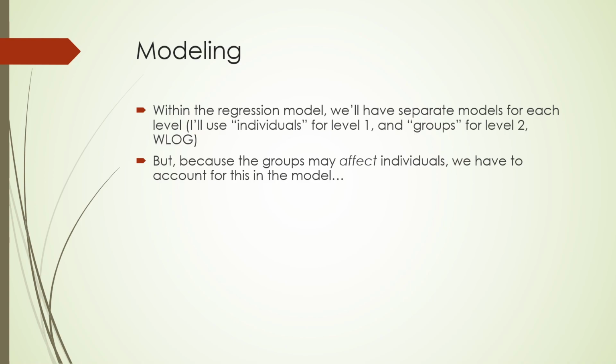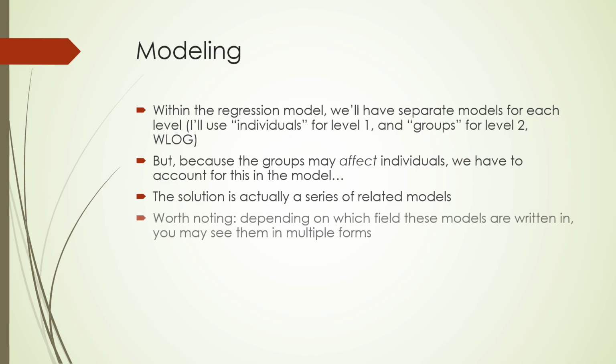So the company might have something that impacts the individual. And we have to account for the fact that the company impacts the individual in the model, and that the individual has its own equation and the company might have its own equation. And this is the solution to how we can account for company impact on individuals, is that we have a series of related models to each other.